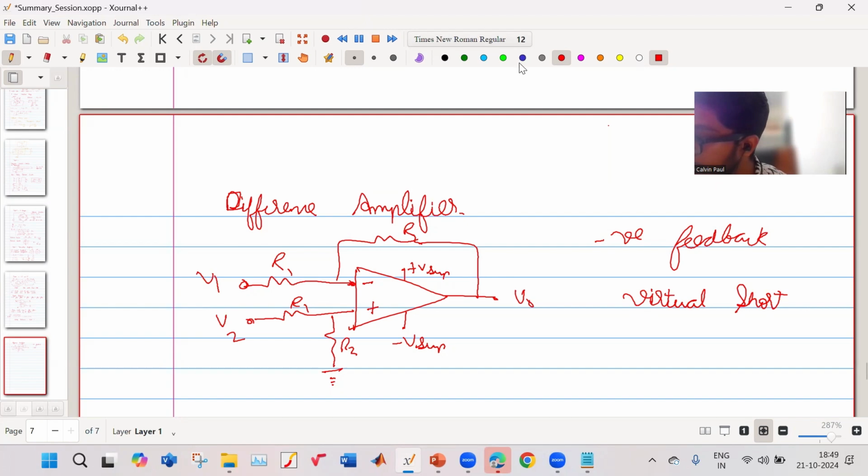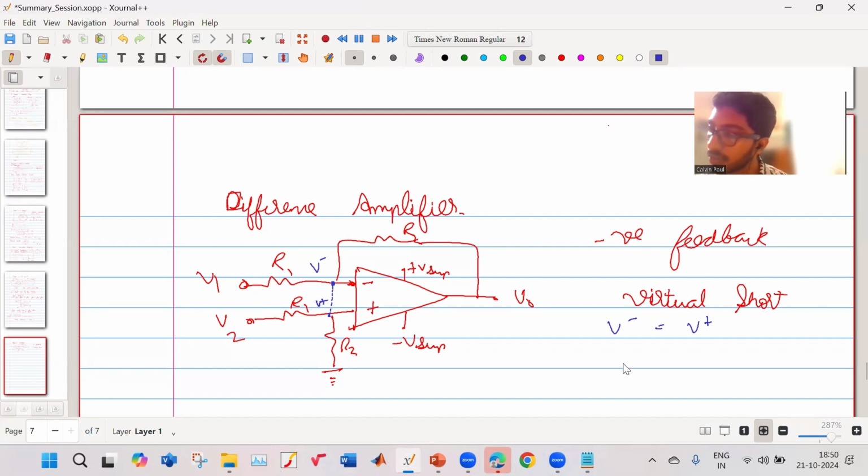That concept says that when there's negative feedback, these two terminals can be thought of as virtually connected, meaning they are at the same potential. So let us say this is V minus, this is V plus. Your V minus will be equal to V plus.